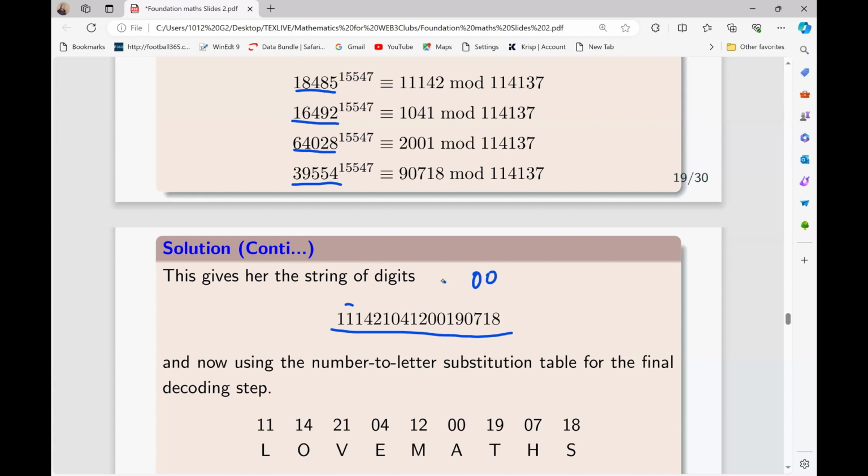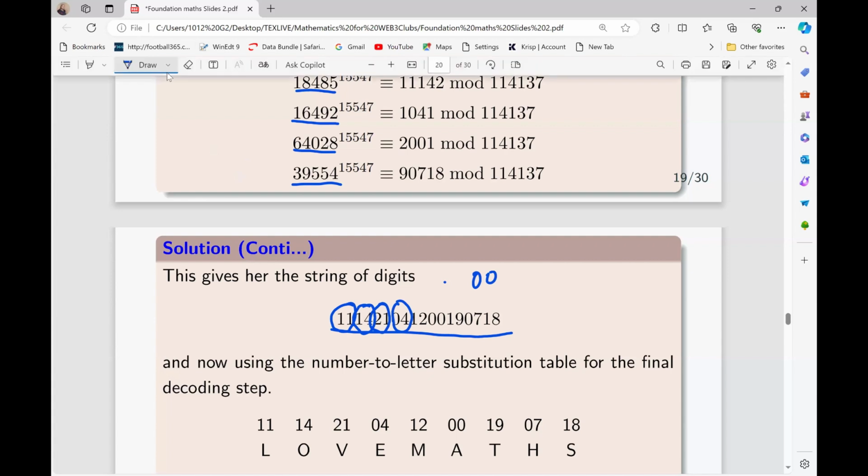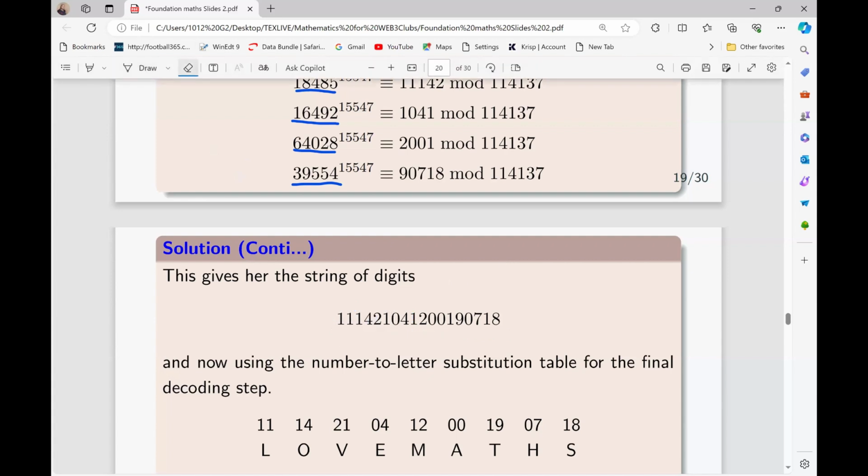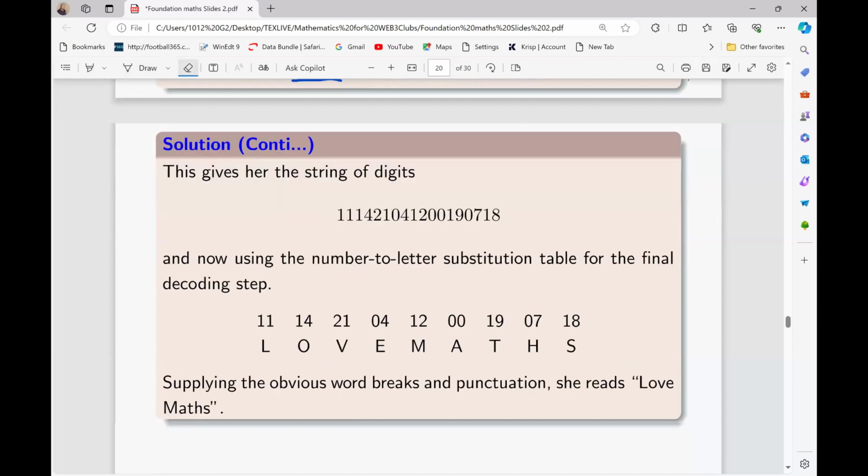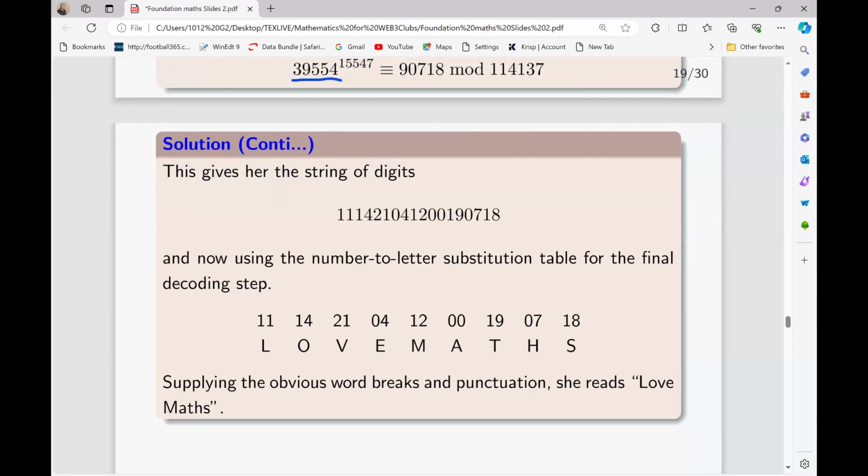So she knows this is one letter, this is another letter, and so on. After that, she's able to read the words love maths, and then applies the commas or the spacing and so on.